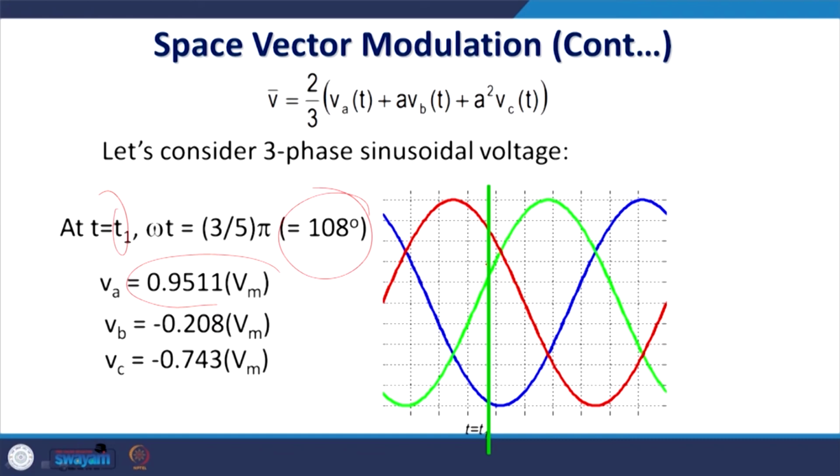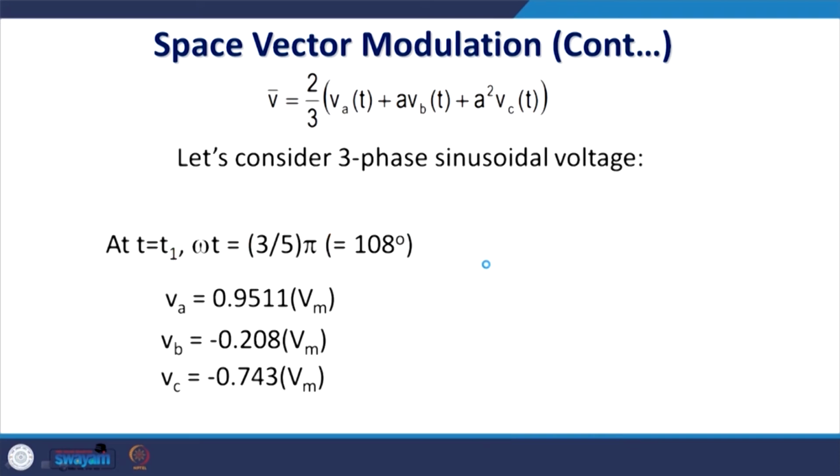How can you generate that voltage? By an inverter. So, we can write it like this, that it can be represented by voltage, current, anything.